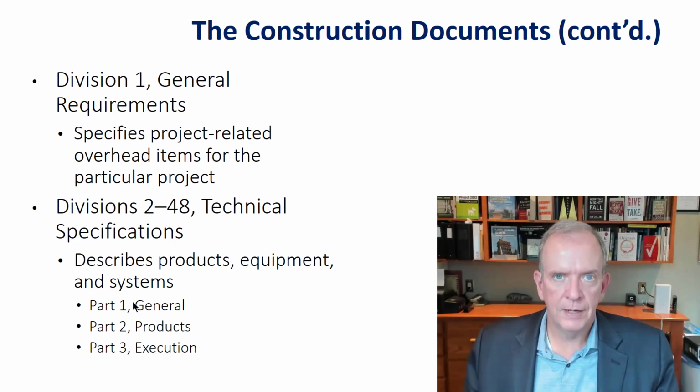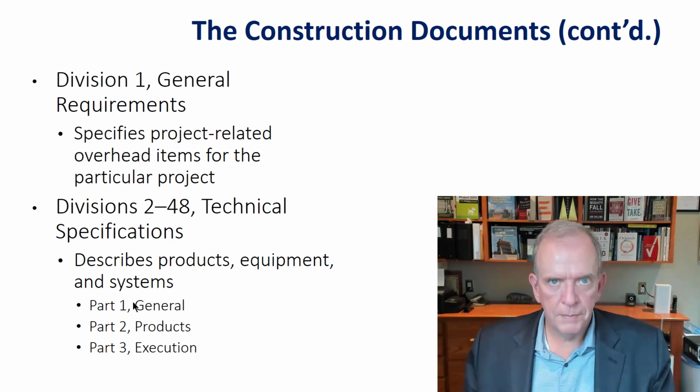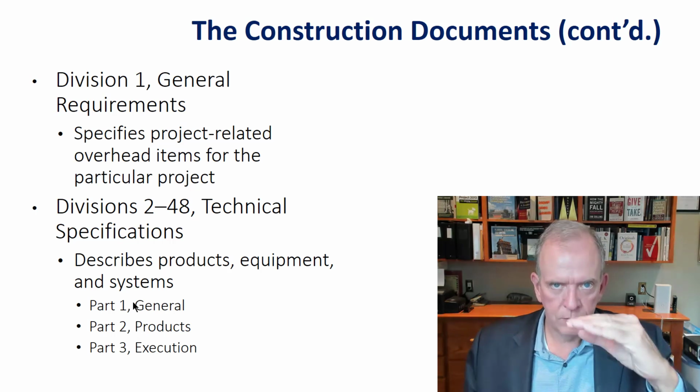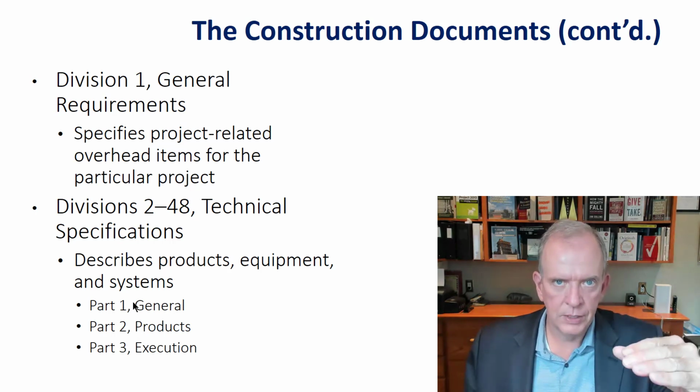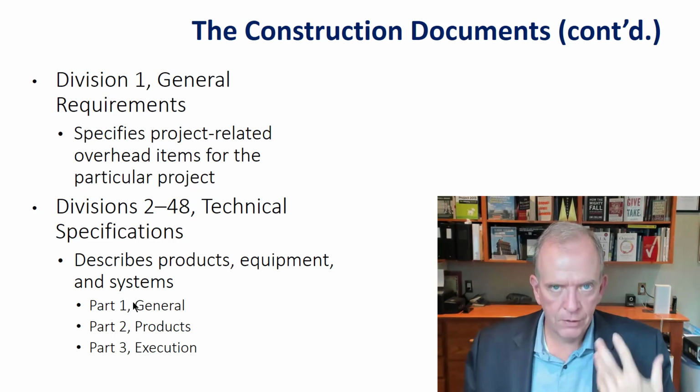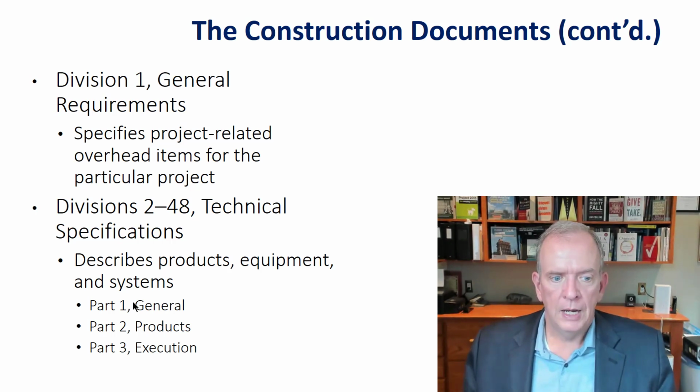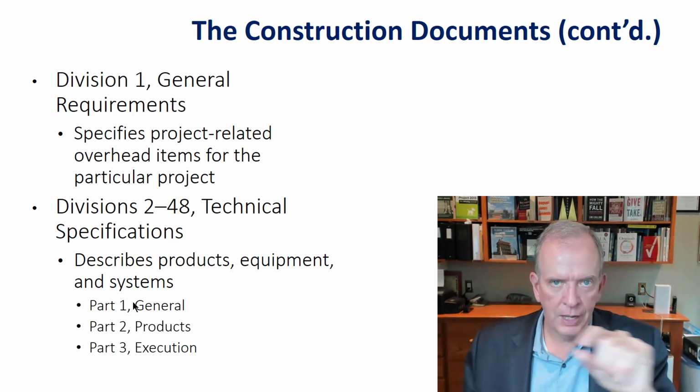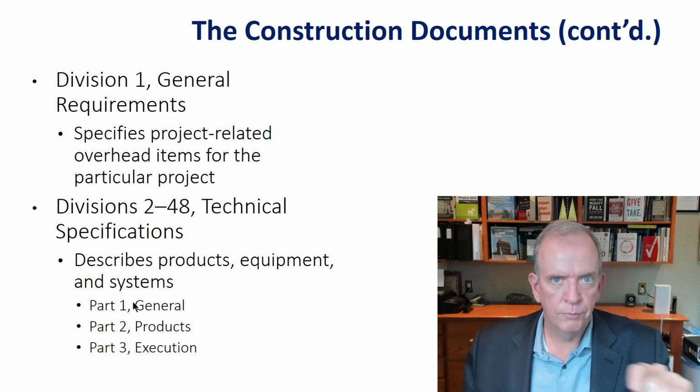Products is getting specific as to who's the manufacturer of these items, and you can get very, very specific in the requirements, like what kind of paint, who's the manufacturer, and within that manufacturer, what level or code of paint they're using. It can get very, very specific. And if it's a government project, they'll probably have a line for "or approved equals."